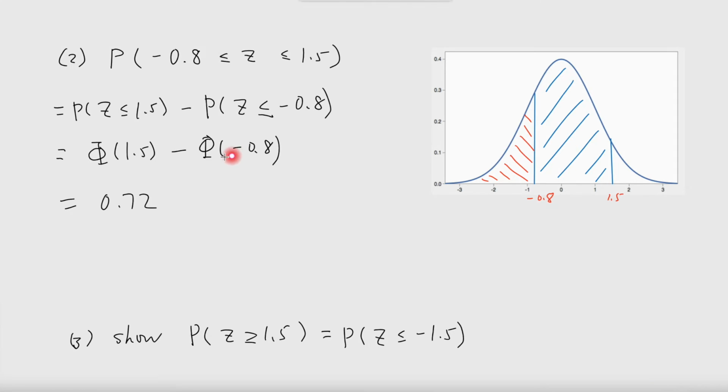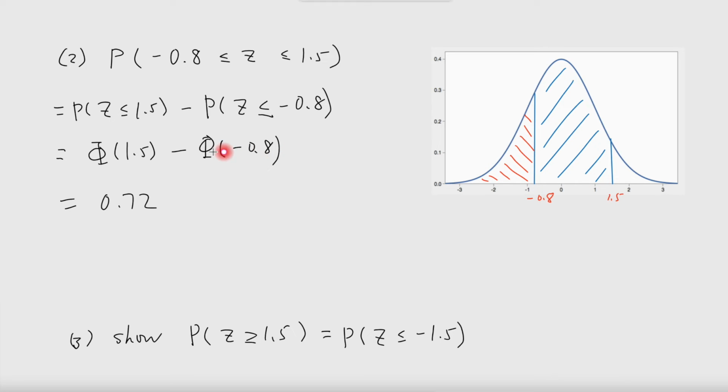Now we can also visualize the calculation in this graph. This curve is the density curve of a standard normal. The probability of Z being between negative 0.8 and 1.5 is the area under this curve between these two numbers.